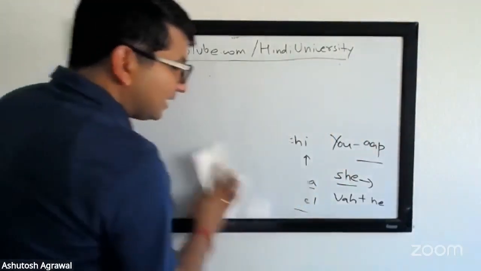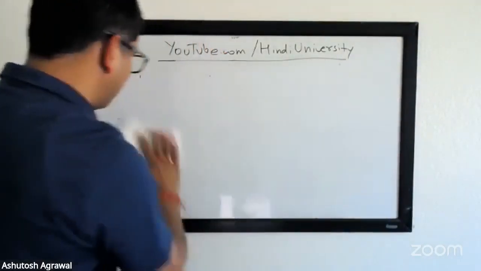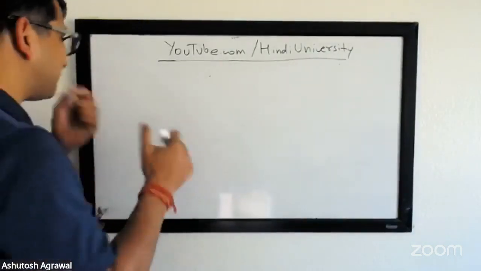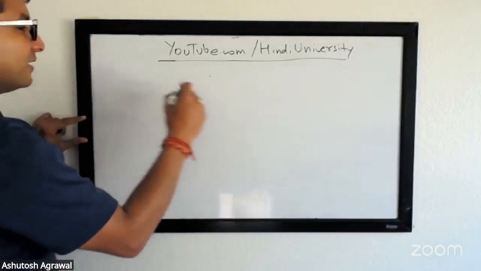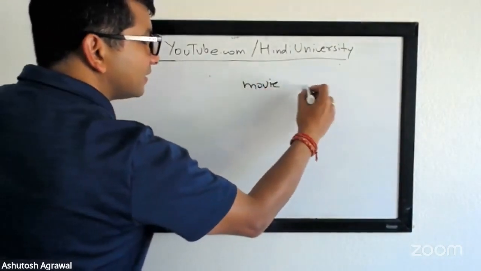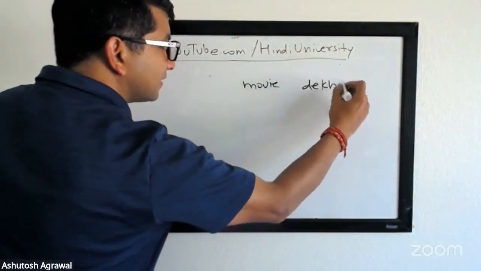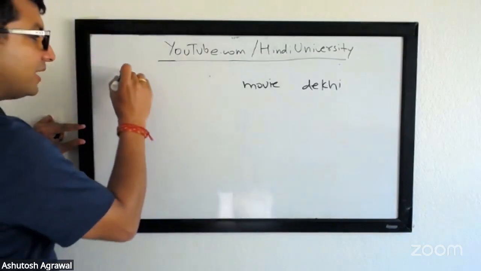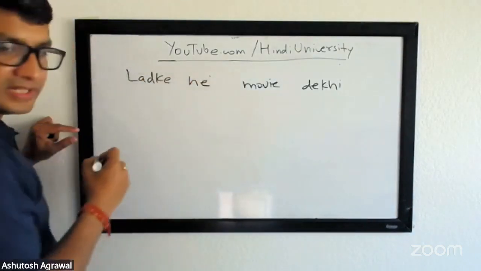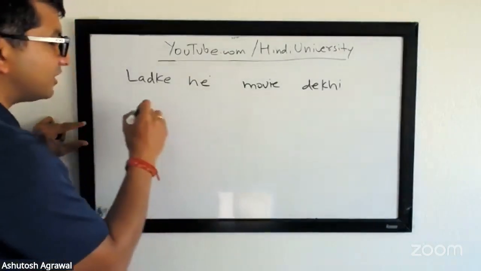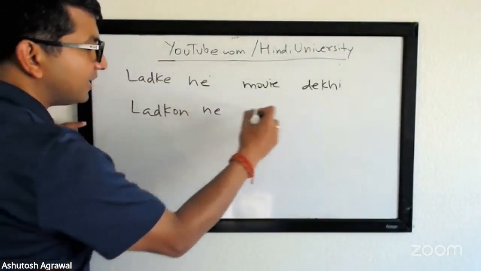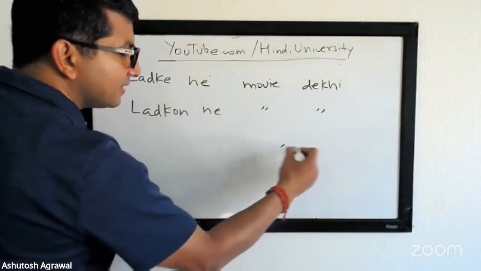So I'm going to write all of it. Hopefully it will be your previous rule. So first one is movie dekhi. If it is one boy, it would be ladke ne movie dekhi. If it is multiple boys, ladko ne movie dekhi.